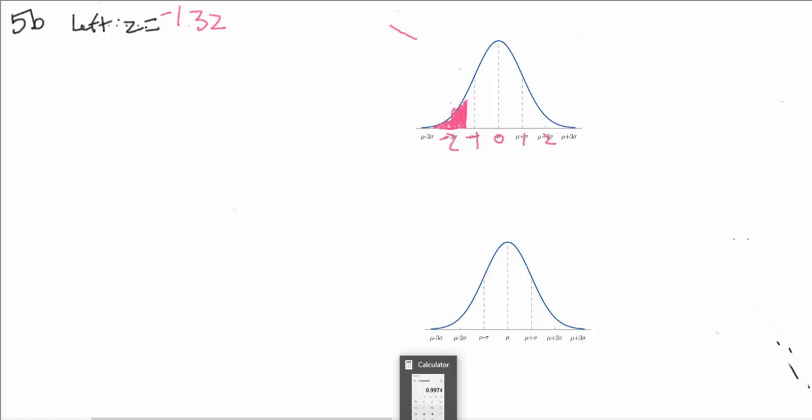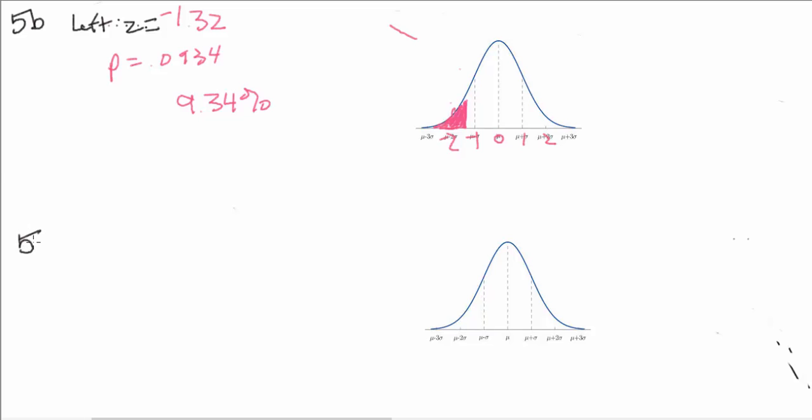So we can write that in our answer: P equals 0.0934. You could also say 9.34%. Now, that's what the question was asking us for. It was asking for the area to the left of z equals negative 1.32. So we're done. That's it for that question.